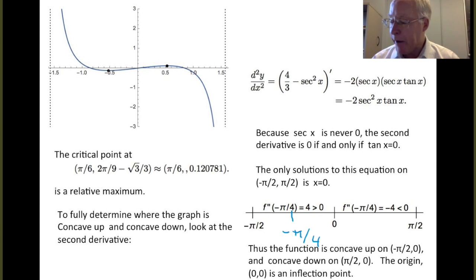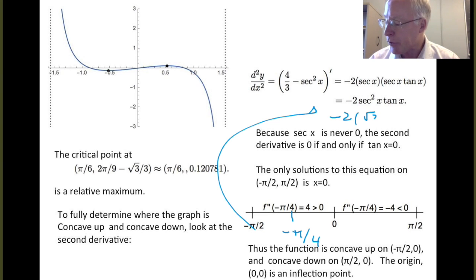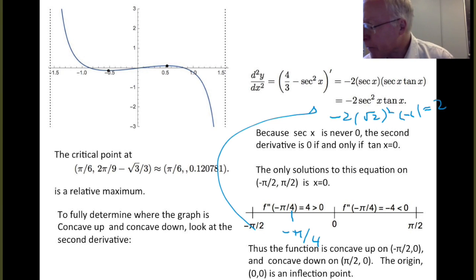So if we plug in minus pi over 4 for the interval on the left into the second derivative, this calculation gives us, and again, the secant of pi over 4 is root 2, so squared it gives 2. And the tangent at minus pi over 4 turns out to be minus 1. So this gives us an answer of 4, and that turns out to be positive.